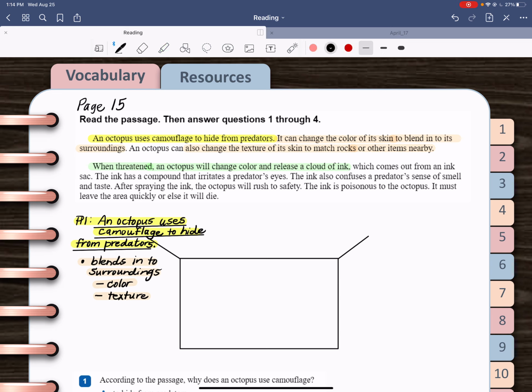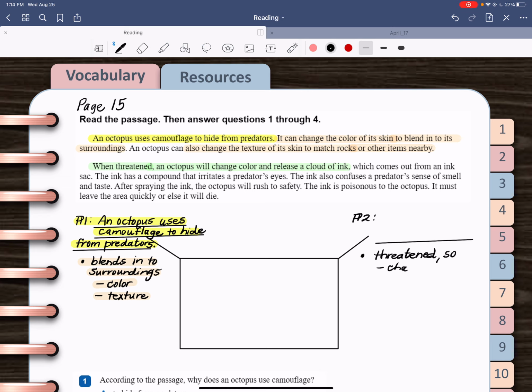Okay. And that's not the main idea here. That's a detail. So let's leave that main idea spot for just a minute and let's do some details. So when there's a threat, that's a cause. The octopus is threatened. So it does two things.